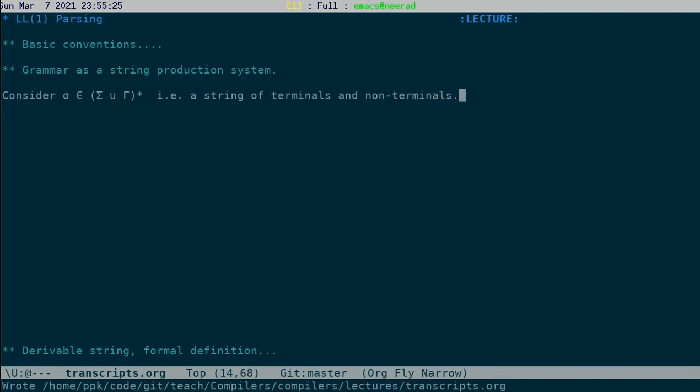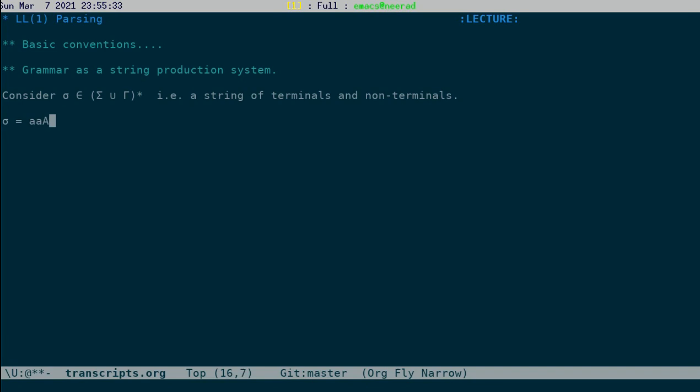Okay. So it's a string which contains terminals or non-terminals. So an example is sigma might look like a, capital A, b, c, d, e. Remember that our convention is that small letters are terminals and capital letters are non-terminals, right? So it might look like this.